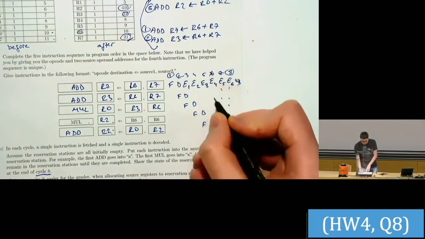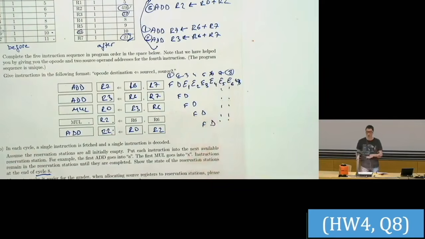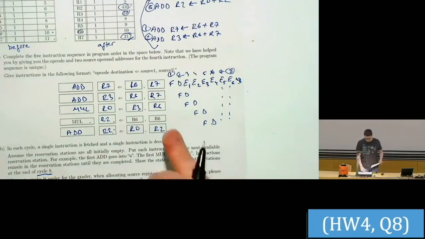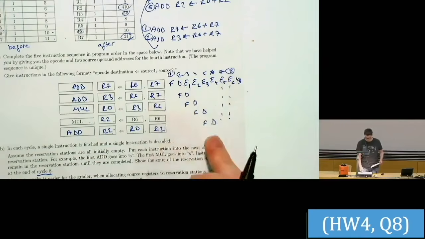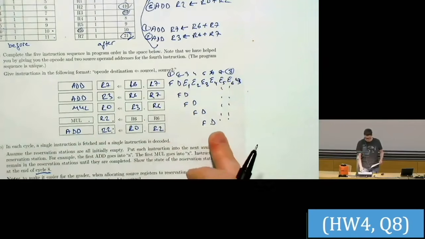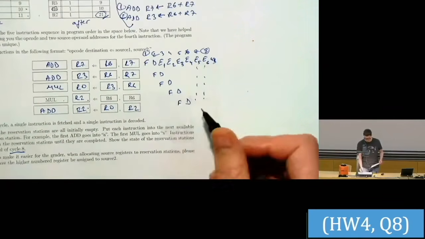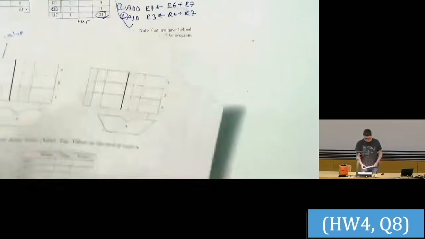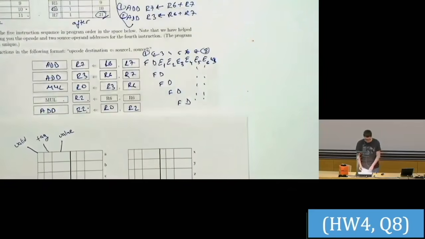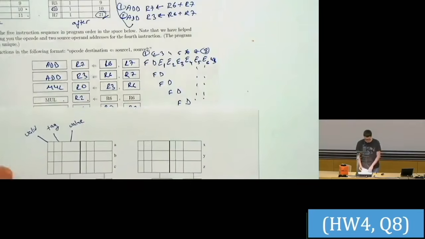So somewhere here at the end of cycle 6, we have all the instructions decoded, right? So we fill them to the reservation stations. So I'll sort of do it quickly, but if you basically follow the scheme here, you can fill the reservation stations and register alias table one by one.